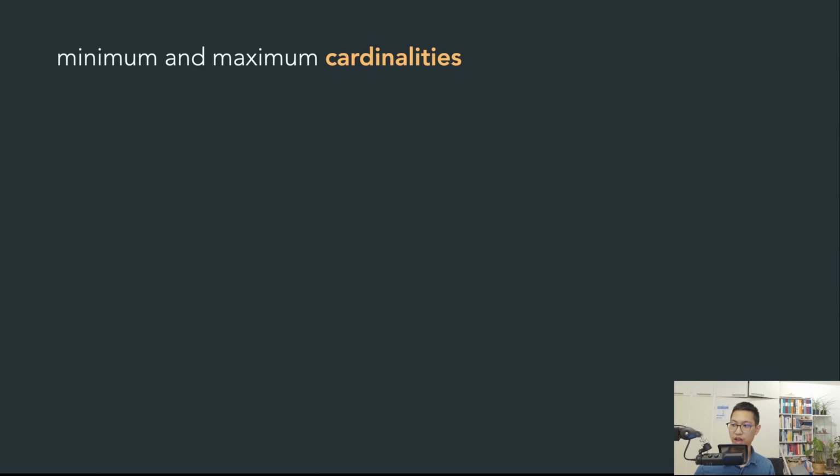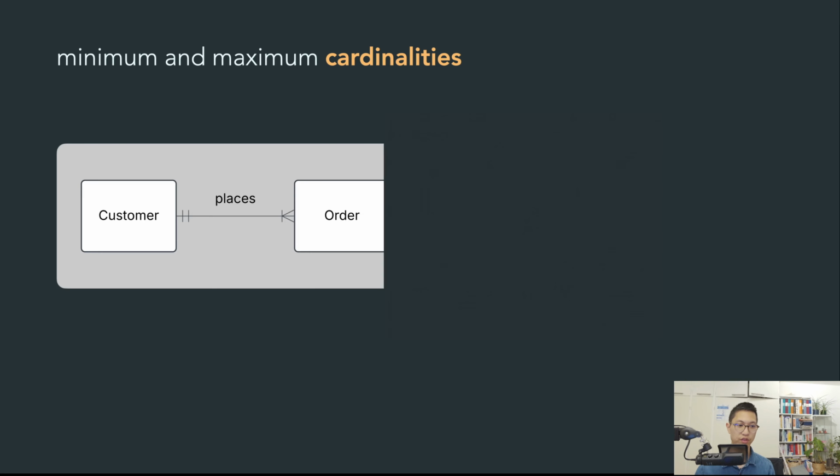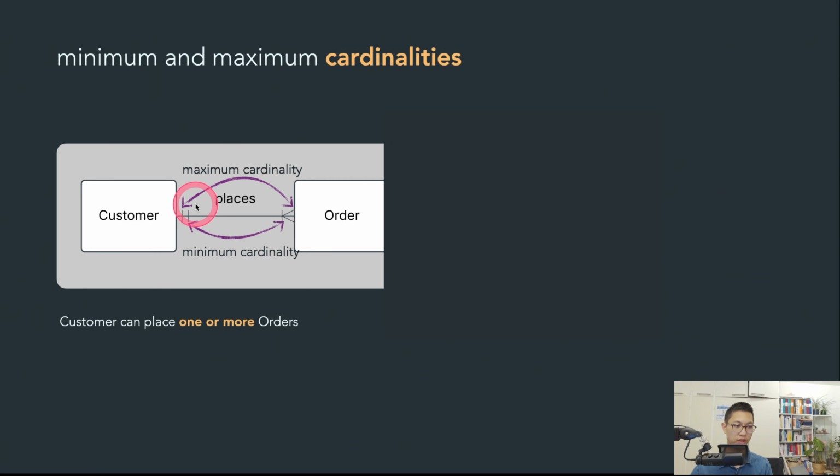And I've already talked about this, but we have minimum and maximum cardinalities. For example, here, customer places orders. So these are the minimum cardinalities. So you have one, right? And then you have the maximum cardinalities, that is 1. And you have many here. So that's why a customer can place 1 or more orders.